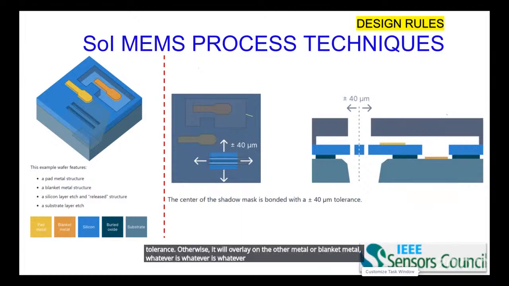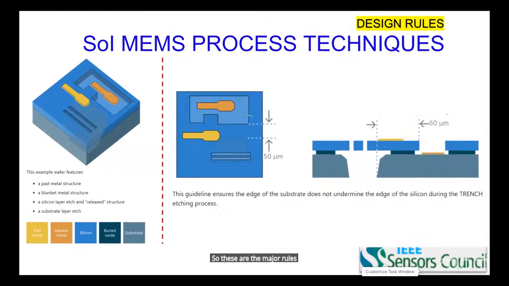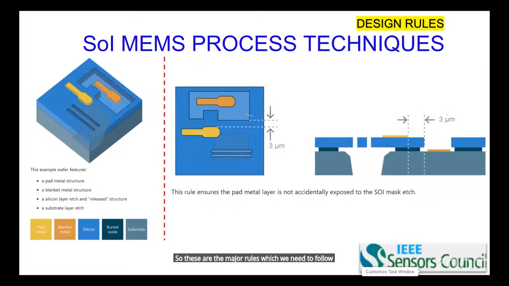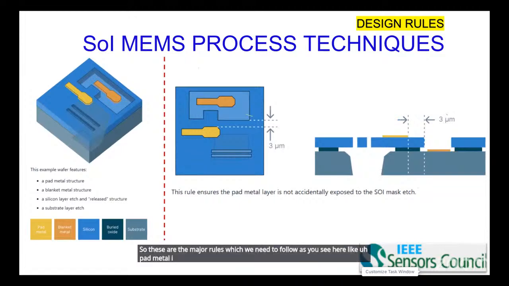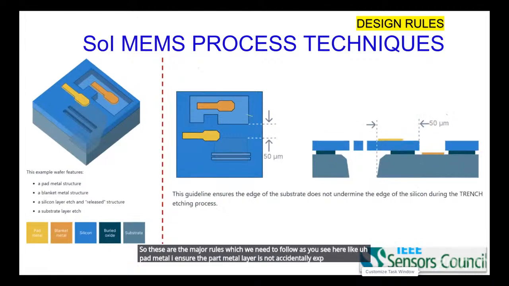So these are the major rules which we need to follow. As you see here, ensure the pad metal layer is not accidentally exposed to the SOI mask, and ensure the edge of the substrate does not undermine the edge of the silicon during the trench.